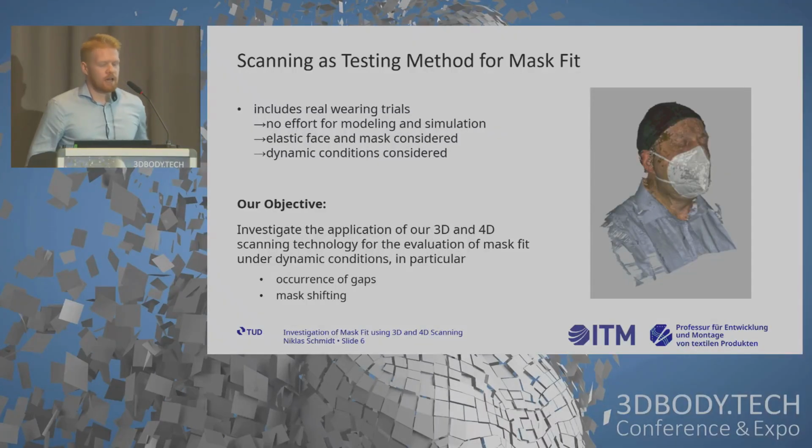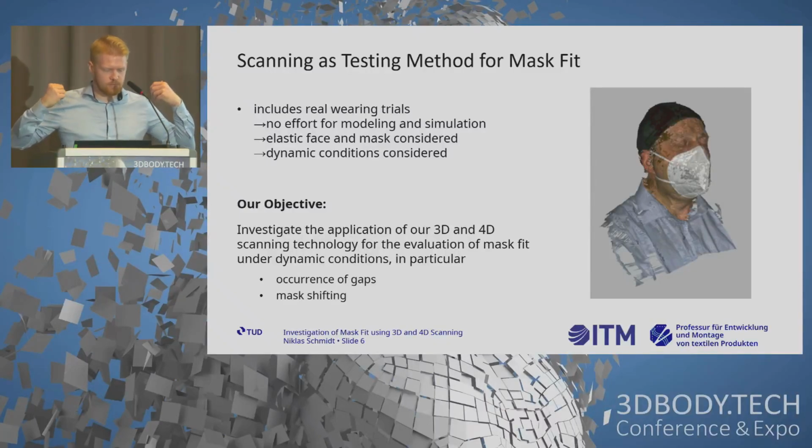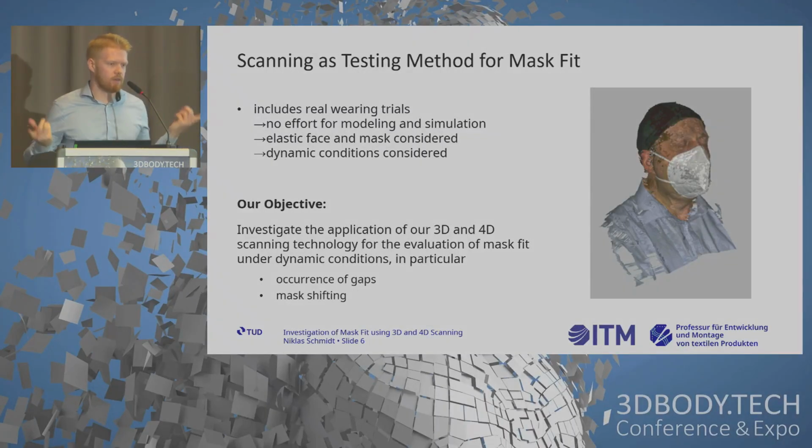And that's how we now come to use scanning as a mask fit evaluation method, because with scanning we are clearly able to include real wearing trials without modeling the stiffness or softness of the face, without modeling the elasticity of the mask.